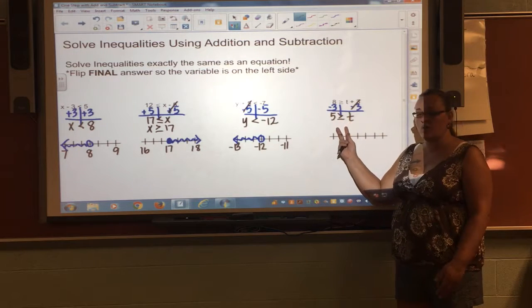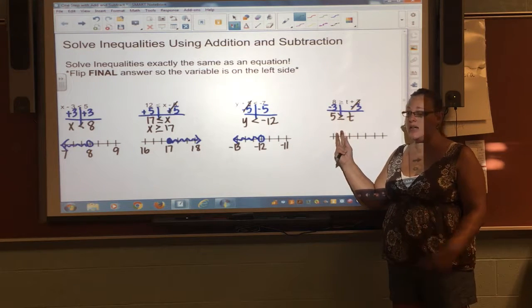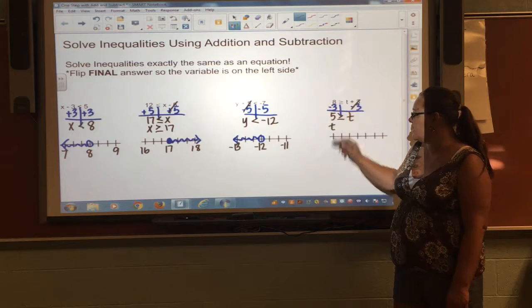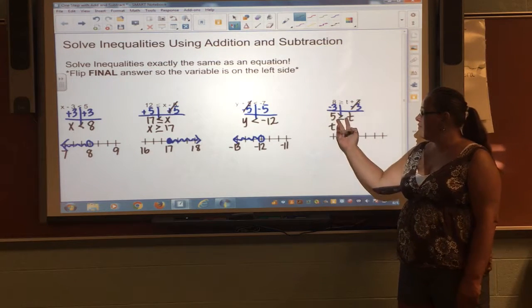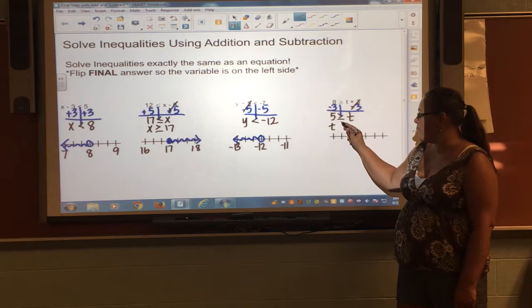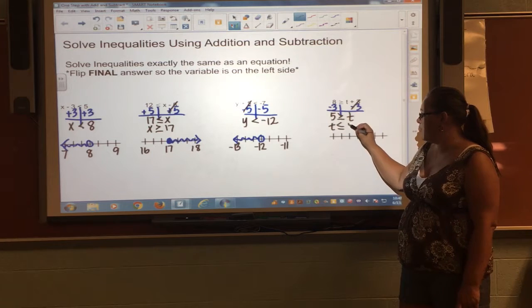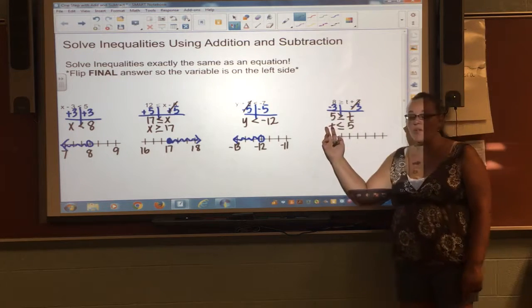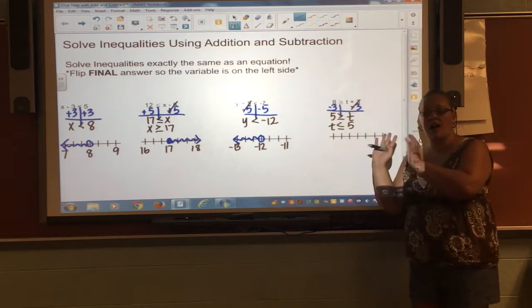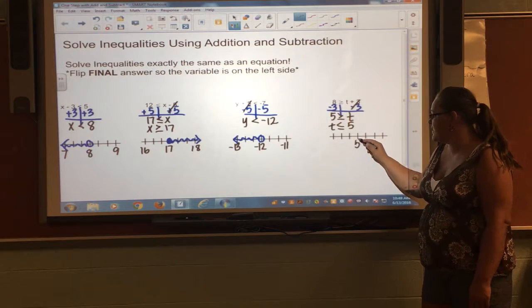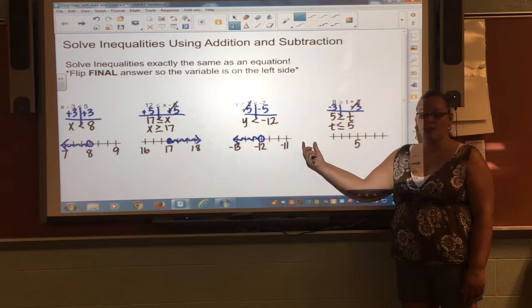So on this one, in order for us to graph it correctly, we're going to pick it up and flip it around. So I'll flip the t to the left-hand side, flip the inequality sign from greater than to less than or equal to, and the 5 will flip to the other side. Now my variable's on the correct side. I can shade the way the arrow is pointing. So 5 is here. 0 is back here.